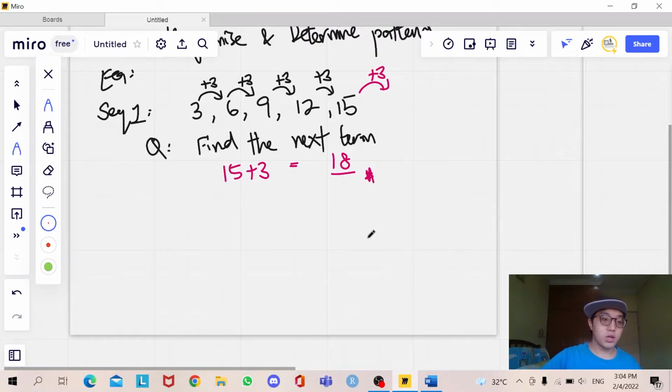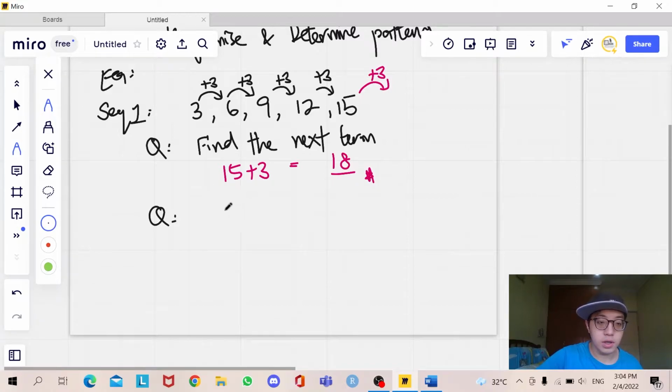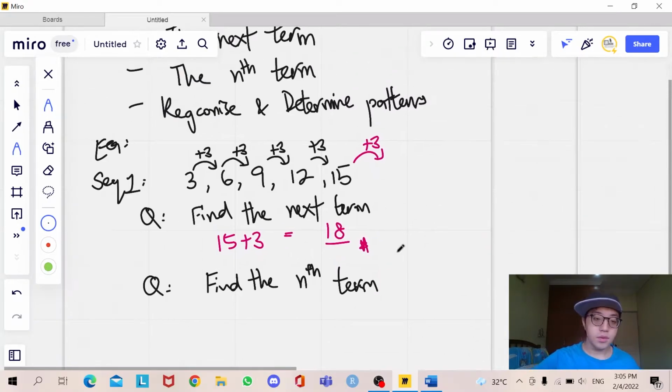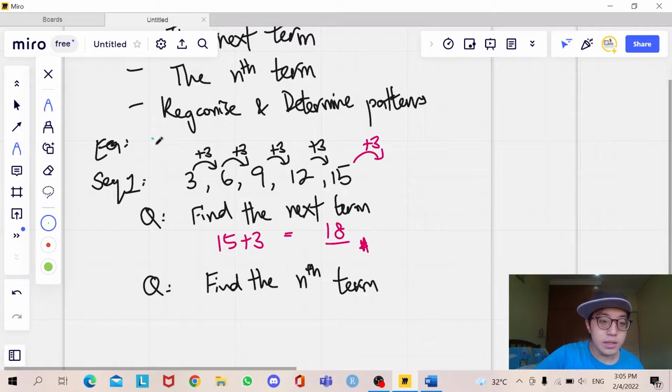And the question will further ask you to find the nth term. What does the nth term mean? In this chapter, n is the term number.